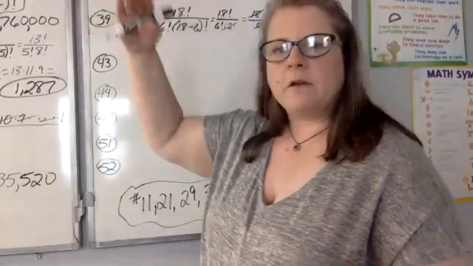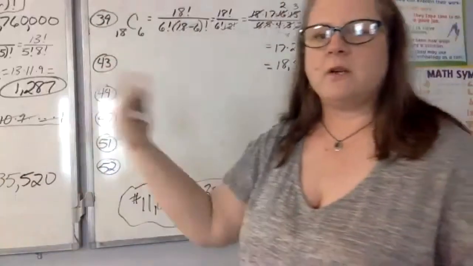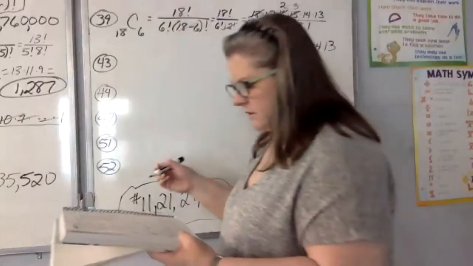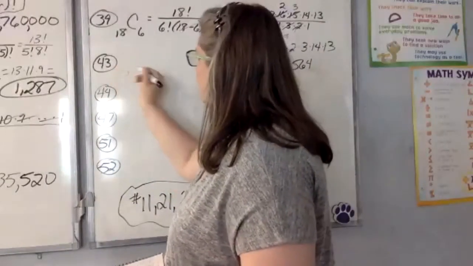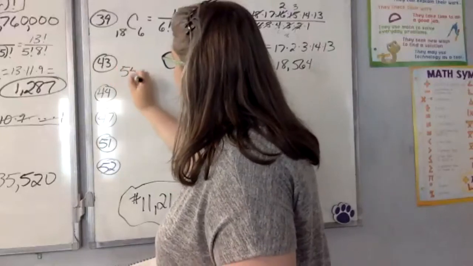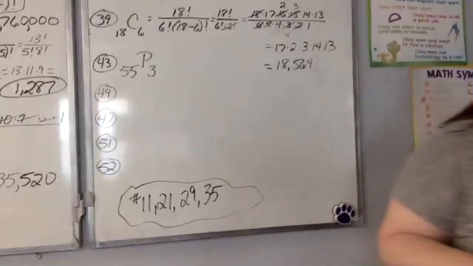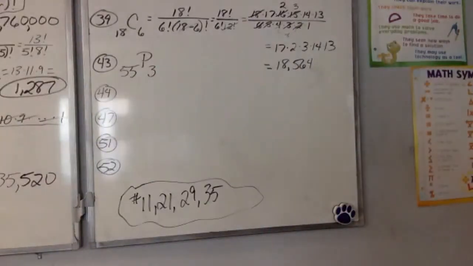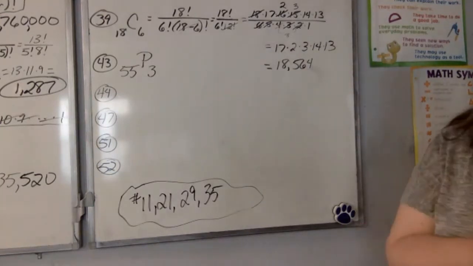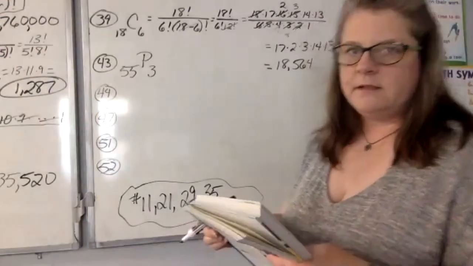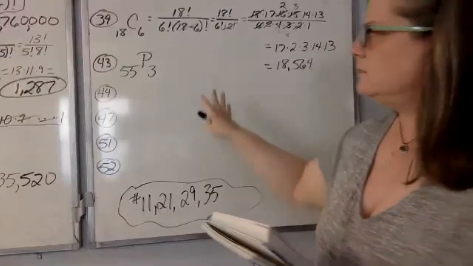So they have an order. Is that a permutation or a combination? Permutation. So to set it up, there are 55 members, it's a permutation, and they are picking 3 for the officers. So it's 55 permutation 3, and then you would just have to work that out. Everybody remember that?